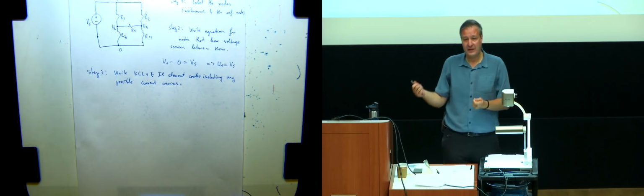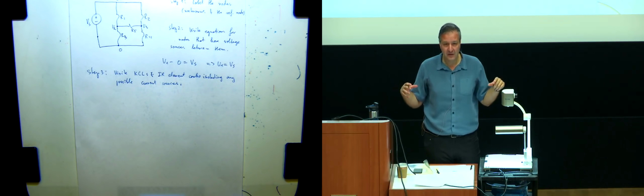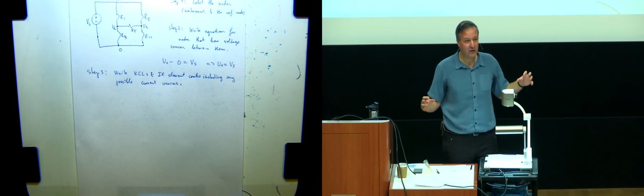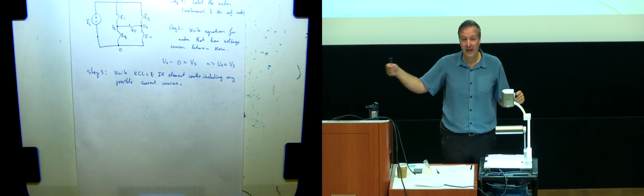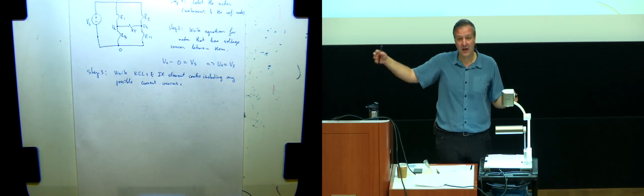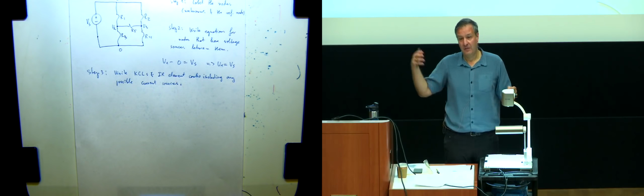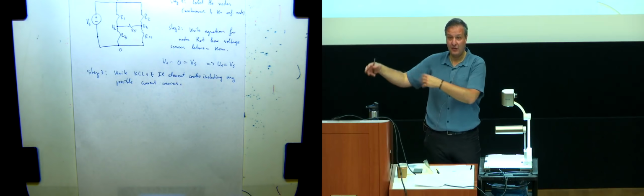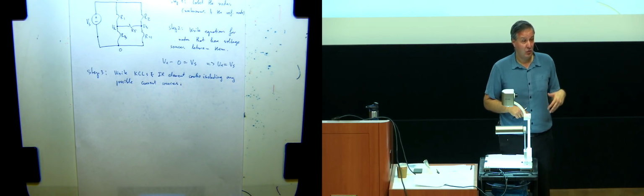You remember, in the 7-step procedure, we would just write KCLs. We would have to label all the currents, write all the current equations, then separately write out the element equations, V equals I times R, and then substitute V's as U's, etc., and then form these bigger matrices. Well, I can do a shortcut.